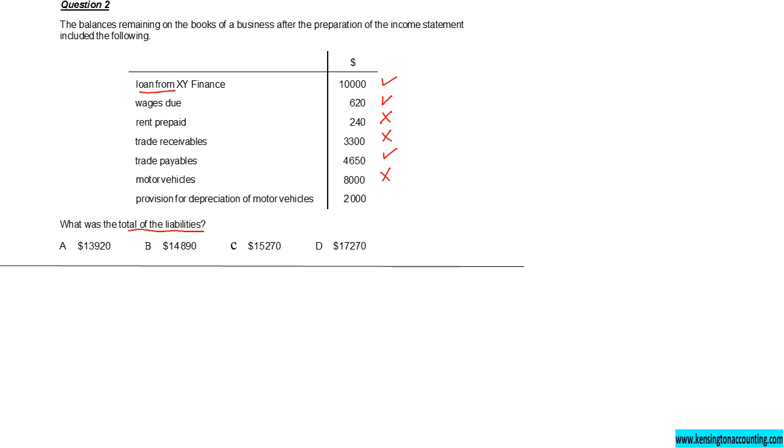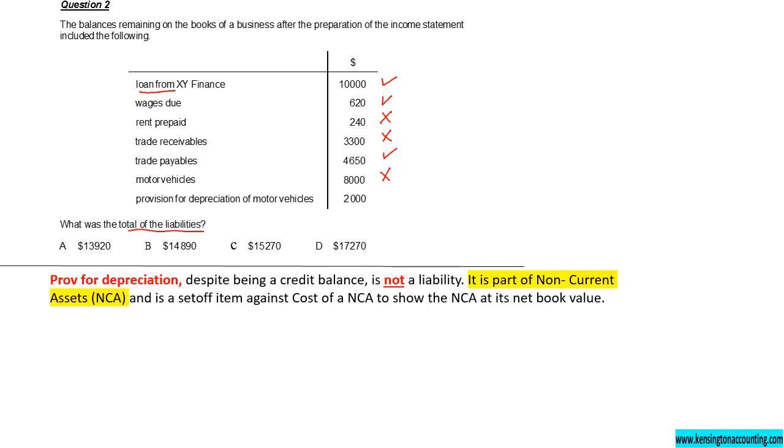Now regarding provision for depreciation, just to avoid confusion by students, please note that provision for depreciation, despite being a credit balance, is not a liability. It is in fact part of non-current asset.